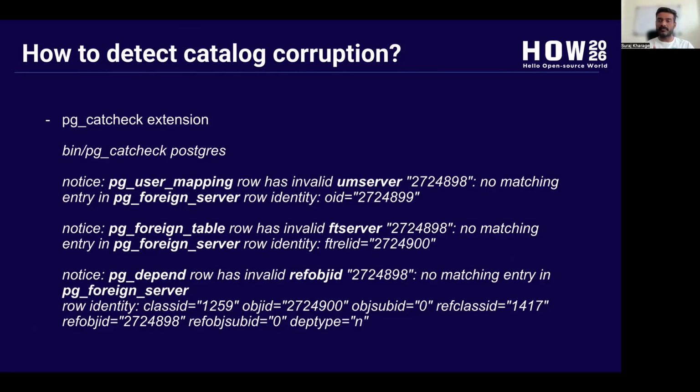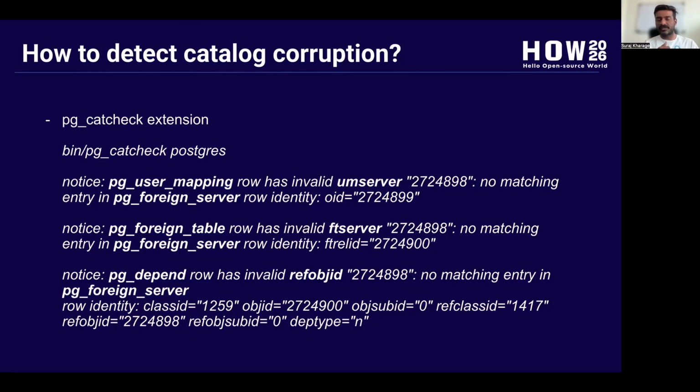So for the pg_dump error that I mentioned in my previous slide, the pg_catcheck output shows that it has the user mapping for the server, but no matching entry in pg_foreign_server. Similarly, we have an entry for a foreign table for the server, but the respective foreign server entry doesn't exist. So the output looks like this.